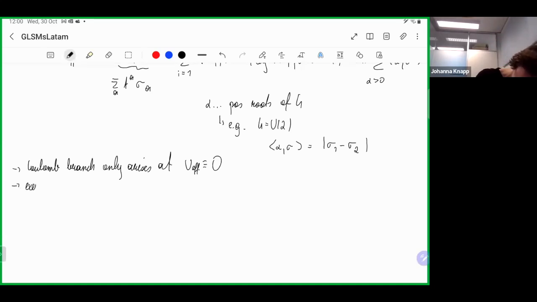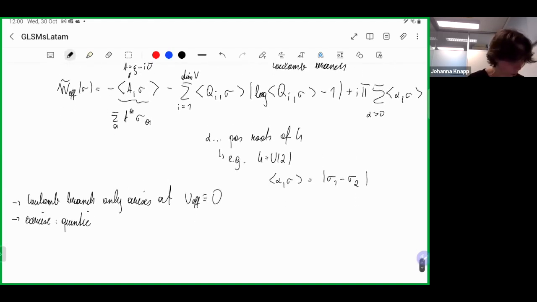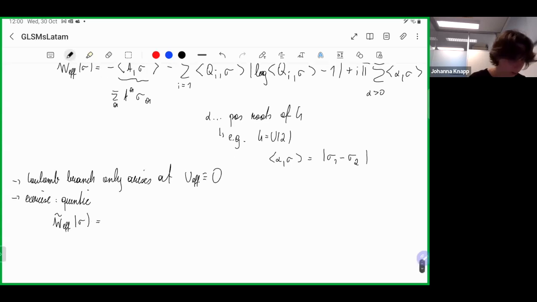Exercise. Let's do this for the quintic. I'll just take this general formula here and specialize it for the quintic. I'll give you a little bit more than is in the lecture notes. W tilde effective of sigma is, in this case, we only have one Fayet-Iliopoulos parameter and one sigma field, so this angle bracket is just the product.